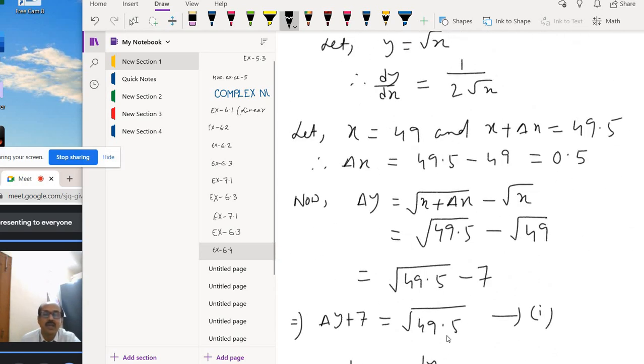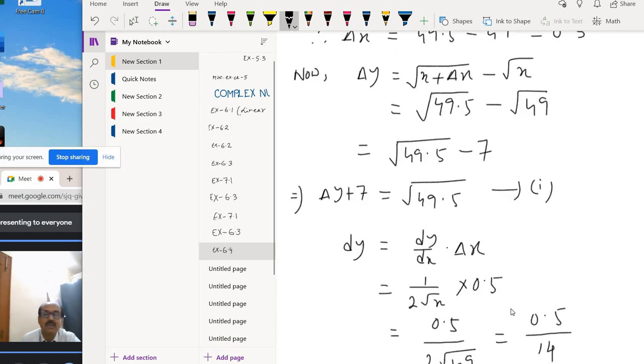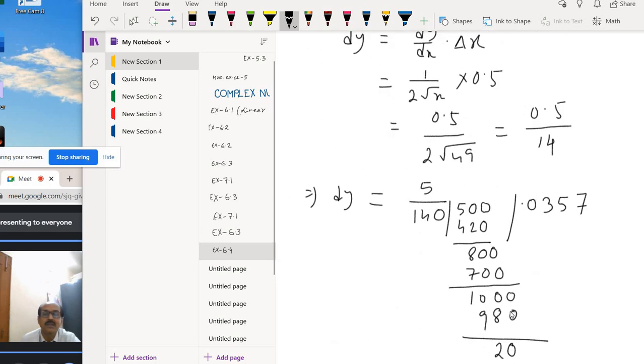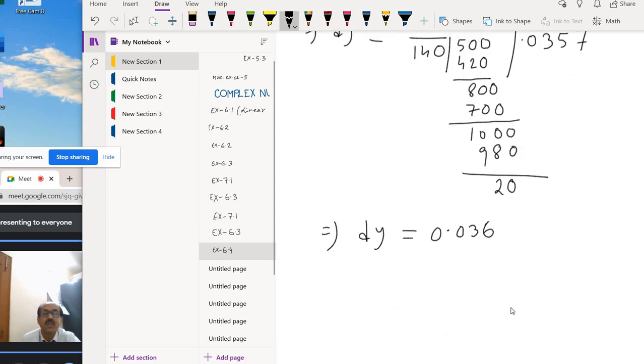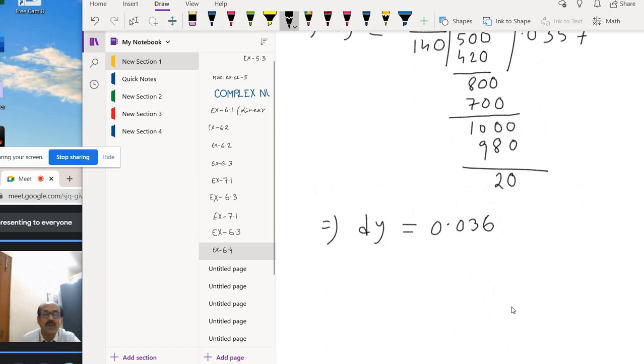Now from equation 1, delta y plus 7, delta y means dy, so it is under root 49.5.